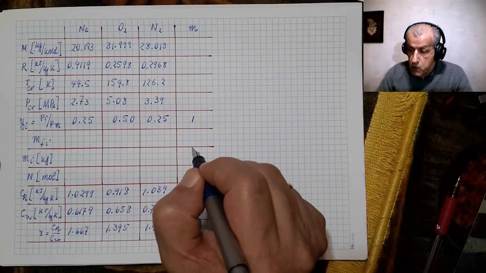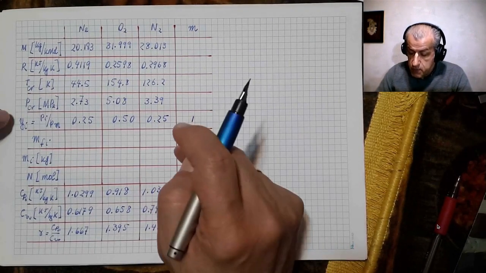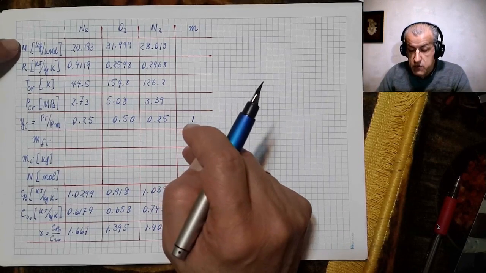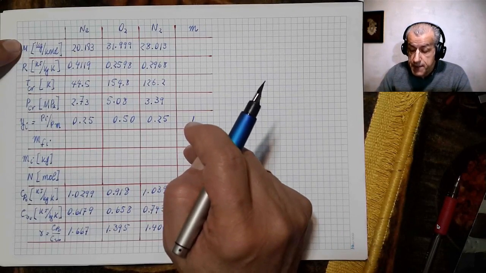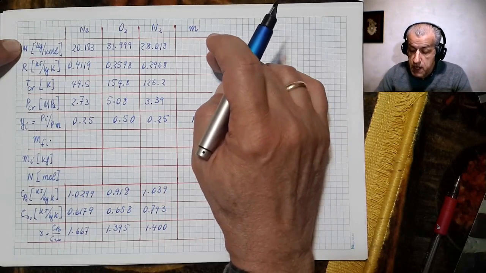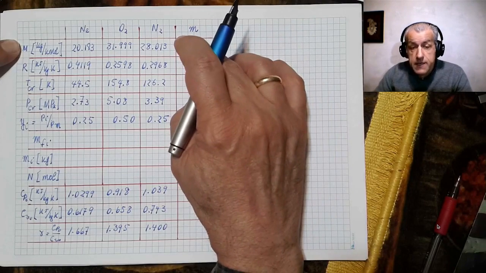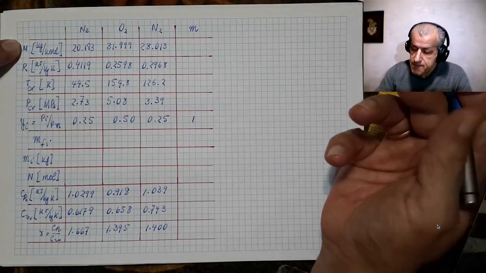So once we have such data on a molar basis, then we could immediately move to the molar part of the story and calculate the equivalent molar mass.